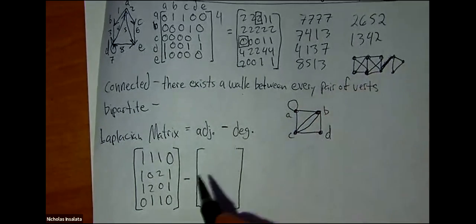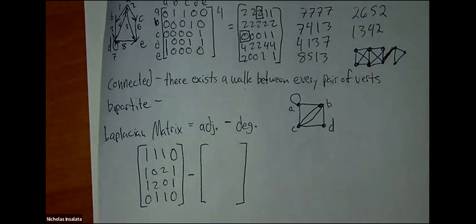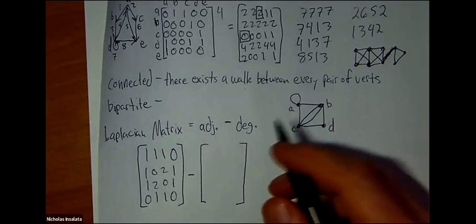Okay, so what's the degree of vertex A? Okay, 4. Nice.